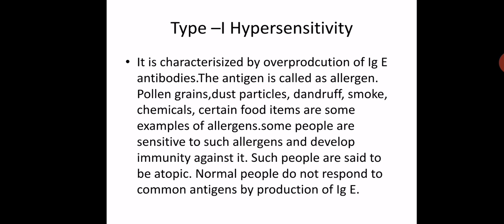Whenever people do not respond normally to a common antigen, when a foreign antigen comes in contact with our body, we naturally produce either IgG or IgM or IgA, but never IgE antibodies, remember. IgE antibodies are produced when the person is allergic to a particular antigen, and then they are produced in maximum amount, in large concentration.